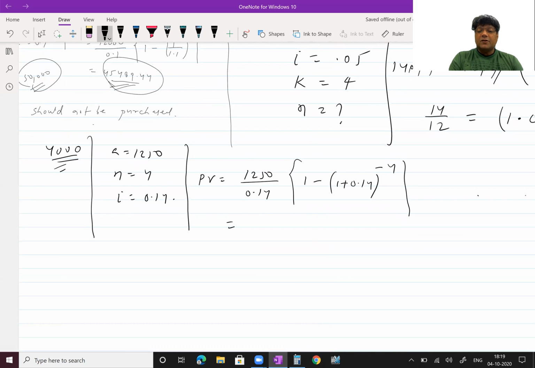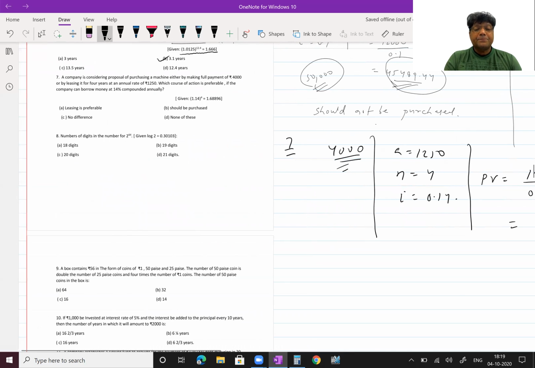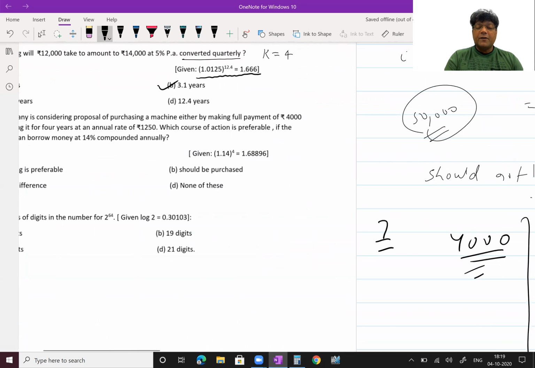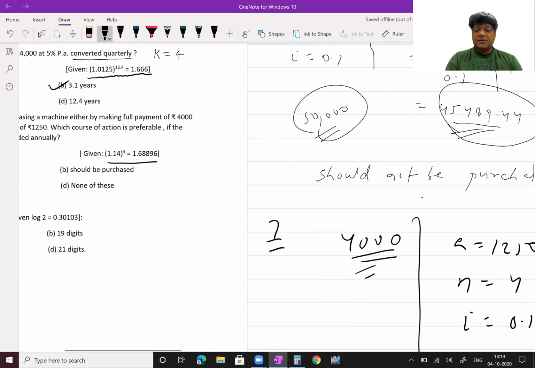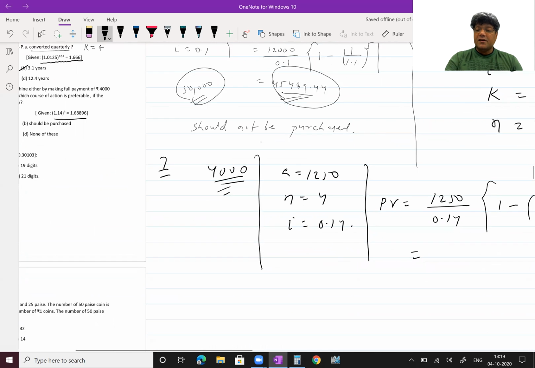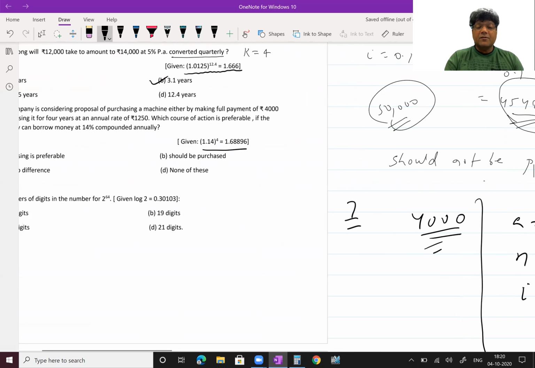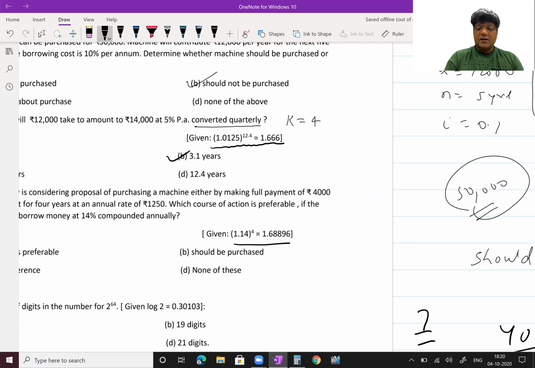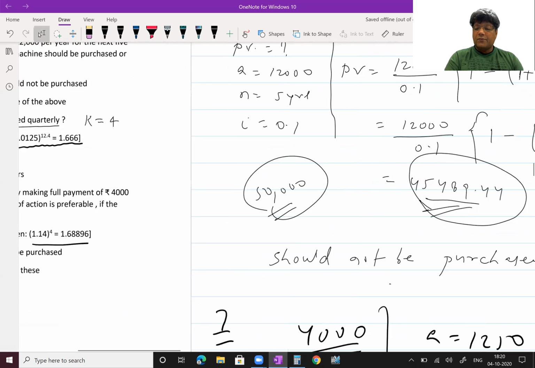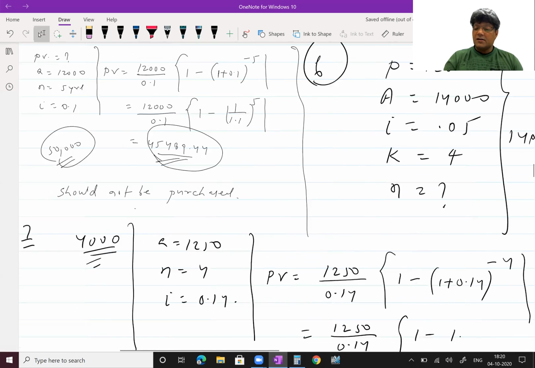So guys, is anything supplied? Yes, 1.14 to the power 4 is supplied. That is 1.68896. Oh no, it is not minus 4 there, 1.14 to the power 4, and ours is minus 4.